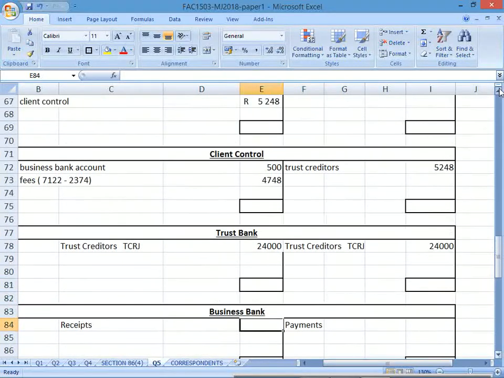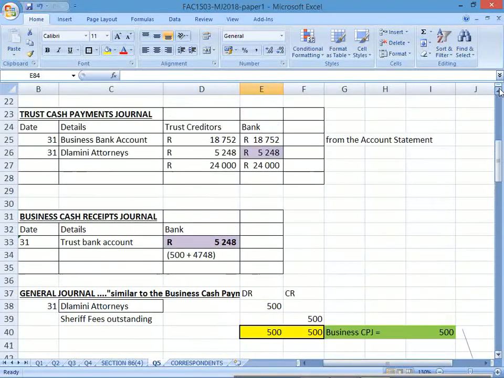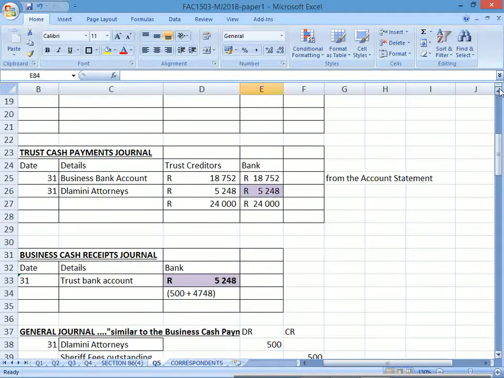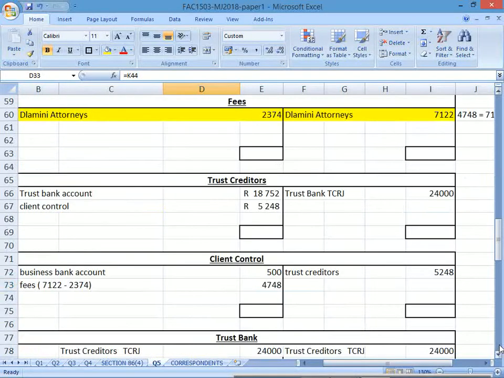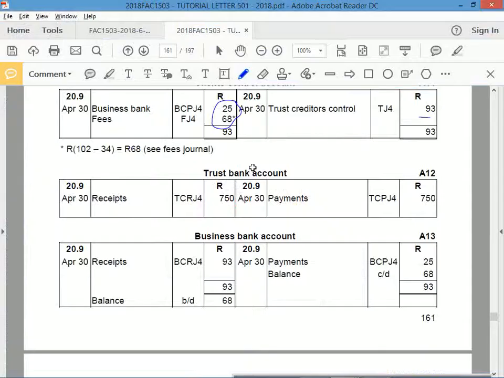Okay, in terms of the payments, we paid a total of trust cash payments, business cash receipts journal there. The business received a total of 5248, and paid should be the same, 5248, balanced off.